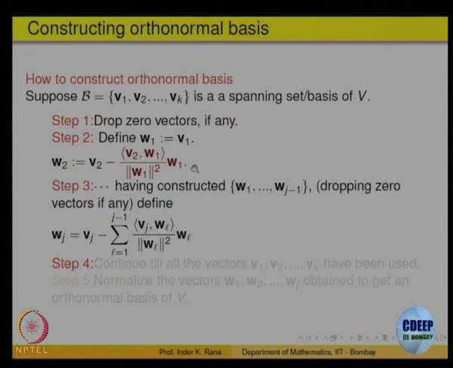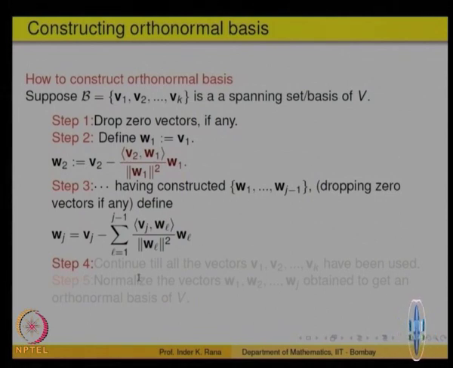So having defined W1, W2, ..., Wj minus 1, and if there are any zeros we drop them, we assume none of them is 0 once you have reached this stage. Then look at the next vector Vj from the given set and look at the projections of Vj on each one of the previous ones. All these are removed. You will get a vector Wj which is orthogonal to all the previous ones.